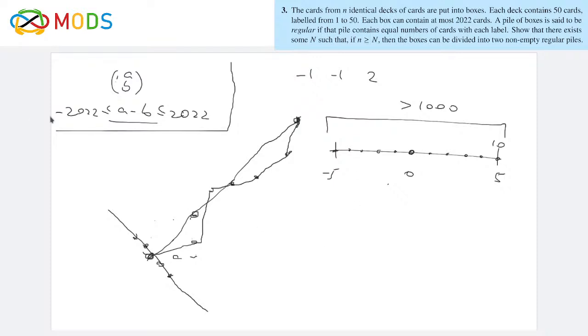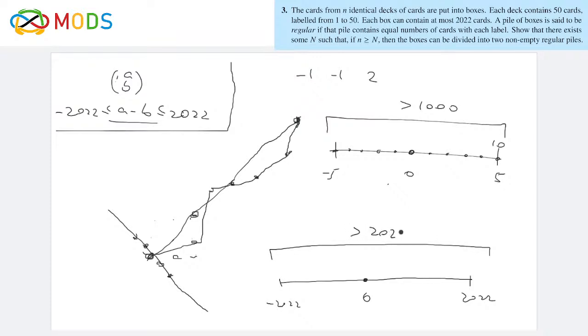So the proof for 2022 would just look something like this, right? You have 0, and then you have 2022, and you have minus 2022. And then you let there be greater than 2022 squared vectors in here. So at least one of them has to be 2022.